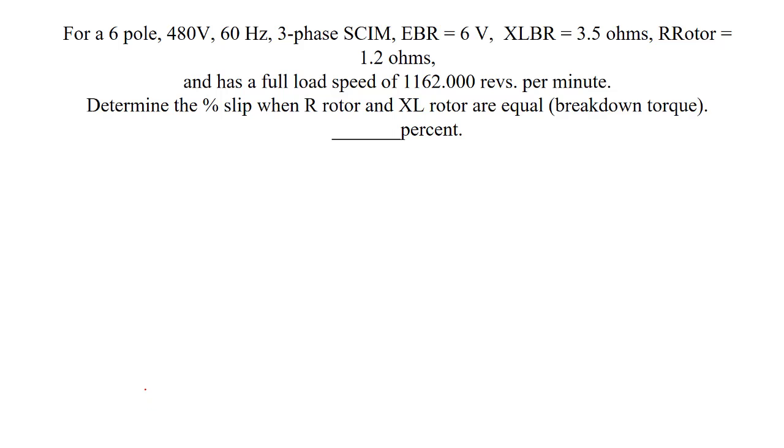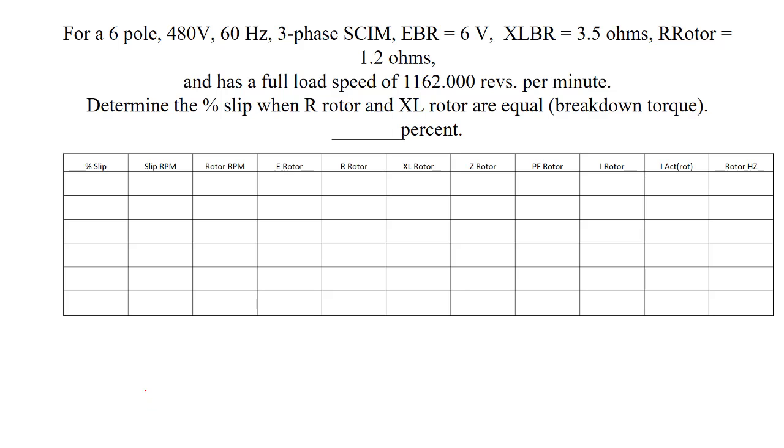The best place to start is to construct a little rotor chart, and I'm going to put my blocked rotor values here. BR meaning blocked rotor, and that means 100% slip. That means the rotor is not moving at all.